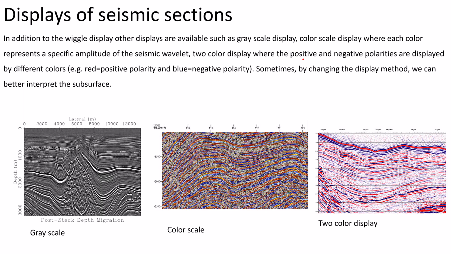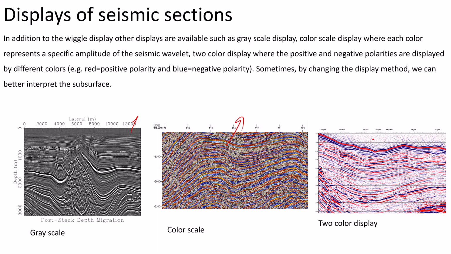The Wiggle display belongs to a time when computers weren't that powerful. It doesn't mean that it is not used anymore. Some geophysicists still prefer to use Wiggle display, but other displays are also available. For example, we may use grayscale, or we may use color display, in which each color represents a specific amplitude, or we may use two-color displays.